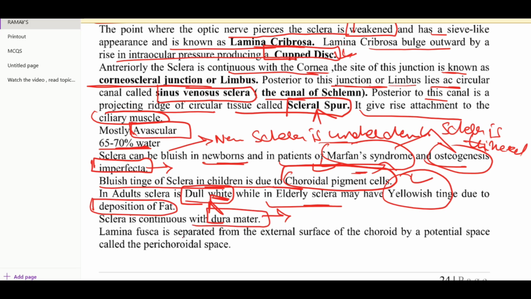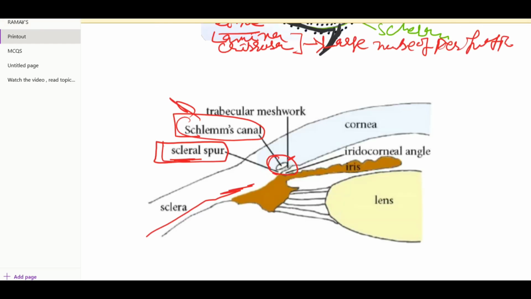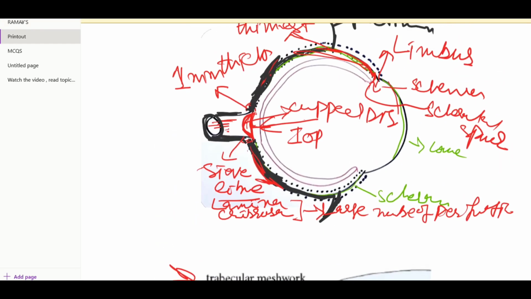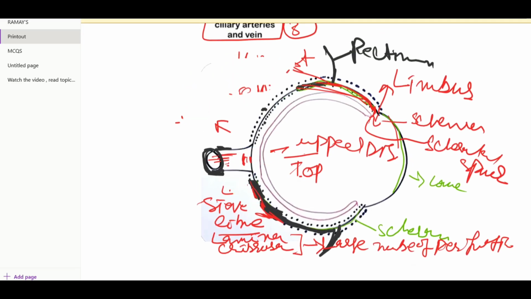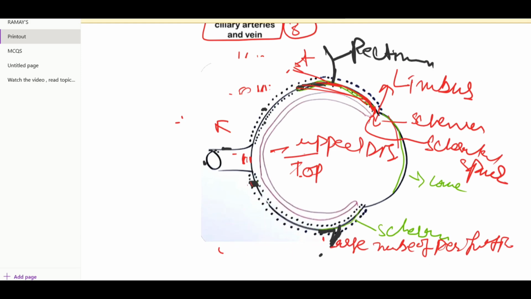Lamina fusca is separated from the external surface of the choroid by a potential space called the perichoroidal space. Let's make this concept clear. Concept of lamina fusca. So there are four layers of the sclera.